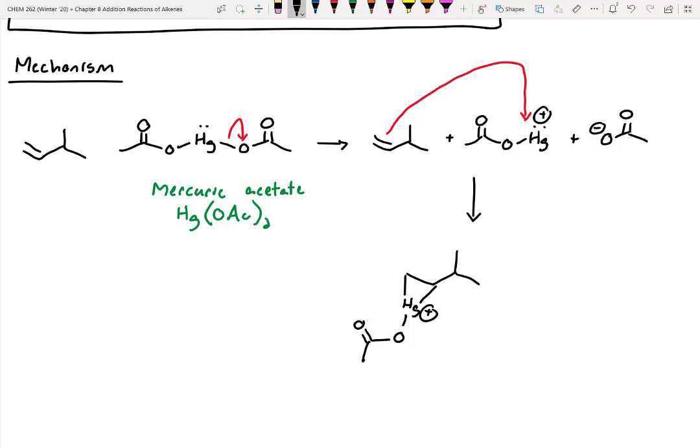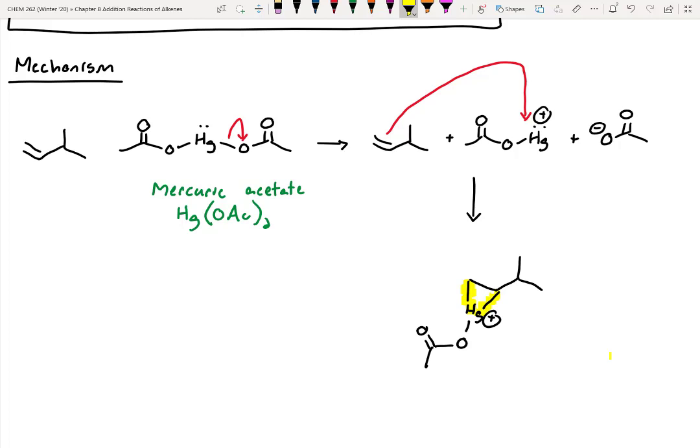You remember where we had bromine forming a three-membered ring? We have a similar three-membered ring right here where mercury's formed two bonds to those carbons that used to be a part of the pi bond, right? Does that make sense? All right, the weird thing with this, let me slide this over a little bit, is we can show this a little bit differently, where, whoops, this bond is super duper weak.